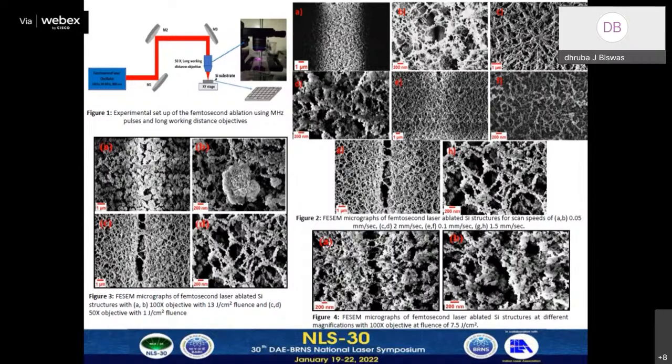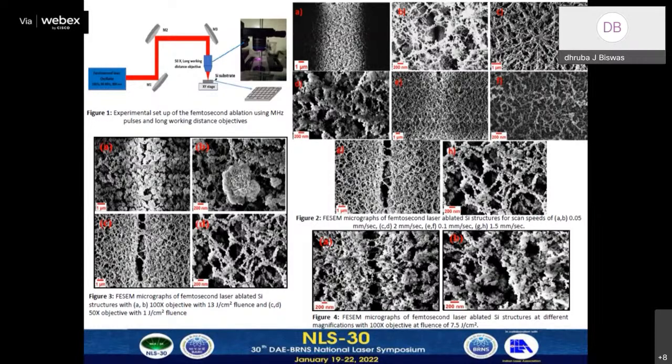As you can see, in all these cases, the silicon nanoparticles aggregate into nanofibers, which further self-assemble into web-like structures. But in the cases of lower scan speed, the density of these nanofibers is higher than that of higher scan speed, and also the size of the nanoparticles within these web-like structures is smaller for lower scan speed relative to higher scan speed.